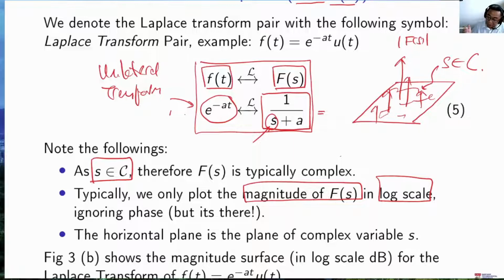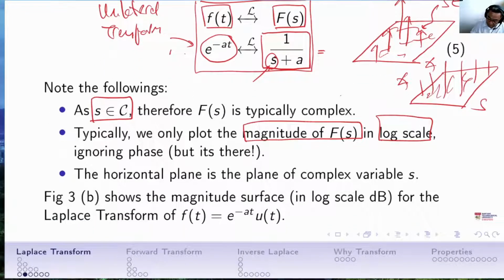Alright, then if you only get the magnitude, what about the phase? Of course, then you have to create another figure here, and this is also the same s, and then you can plot the angle here at different positions of s. So you can plot the magnitude and the phase.